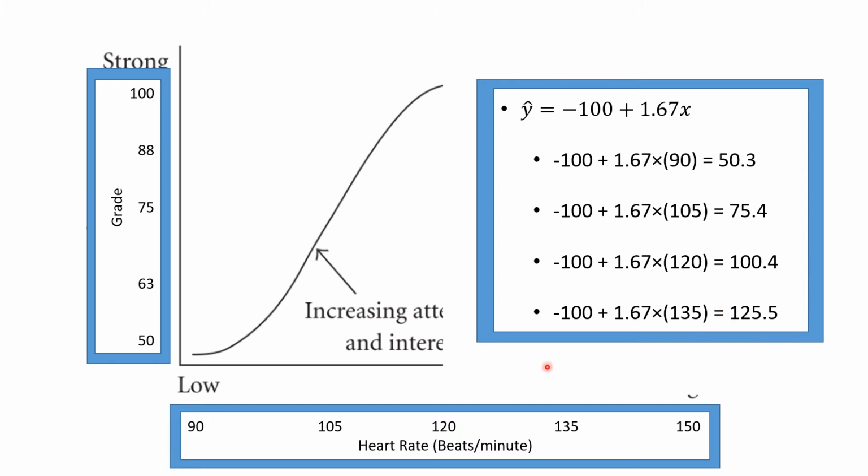So what happened? I took a trend from students who had heart rates between 90 and 120 beats per minute. That gave me this regression equation. Then I extrapolated it to predict the grades of a student who had a heart rate outside of this range.